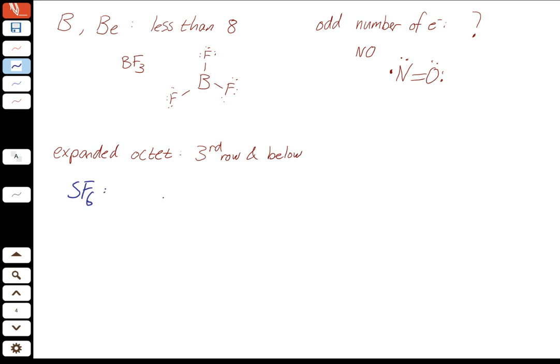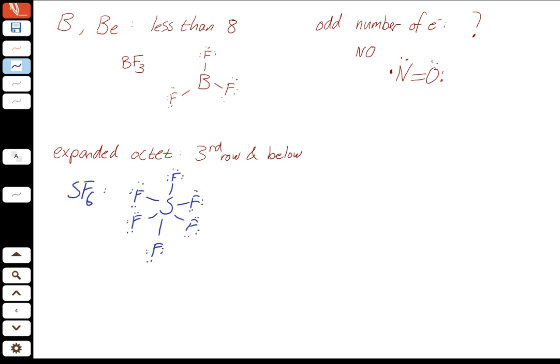That's a real compound, perfectly stable. And we usually draw it like this. That sulfur clearly does not have an octet, right? It's got 12 electrons around it.